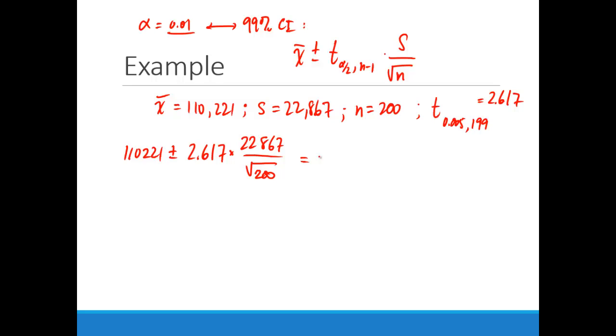And if you calculate that out, that will give you an interval of 105,989.47 all the way up to 114,452.54. So that is our 99% confidence interval for the output of these turbines.